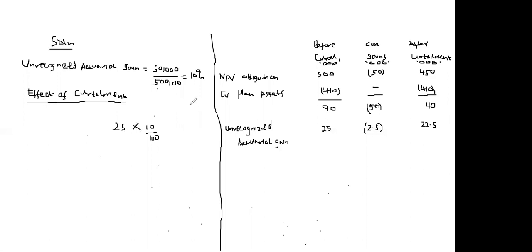Yeah, so first of all, we wanted to get the actuarial assumption or the percentage that we are going to use. So we've got that by dividing the 50,000 by the net present value, which was 500,000, to give us the percentage of 10%.